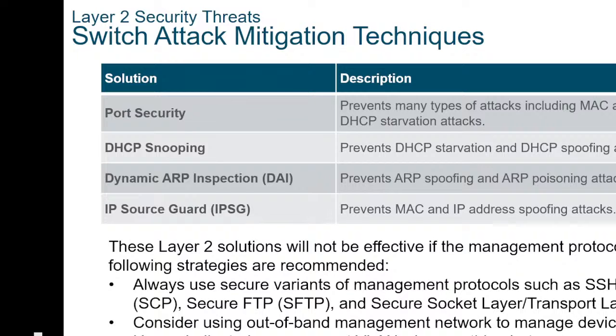I can turn some different things on, like port security. Maybe I want to shut that port down if I put some unknown device on it. Add DHCP snooping, where I limit how many DHCP requests I can use on that port.